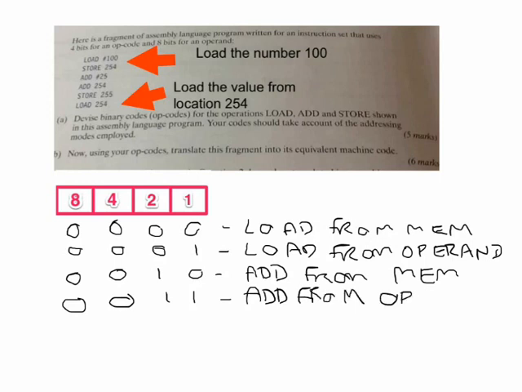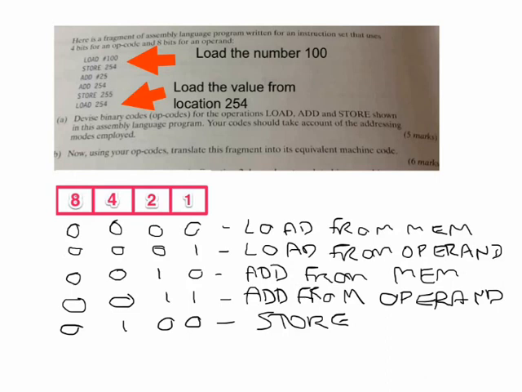Excuse my writing, it's very difficult to write with my finger on this. And then finally we could have 0100 being the store operation. So that's all you needed, is 5 different unique opcodes. It doesn't matter which opcode you've assigned to which. As we said, you were told to devise your own.